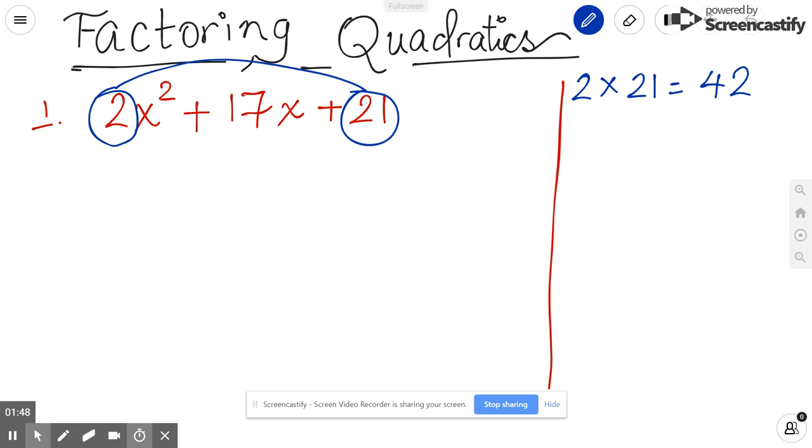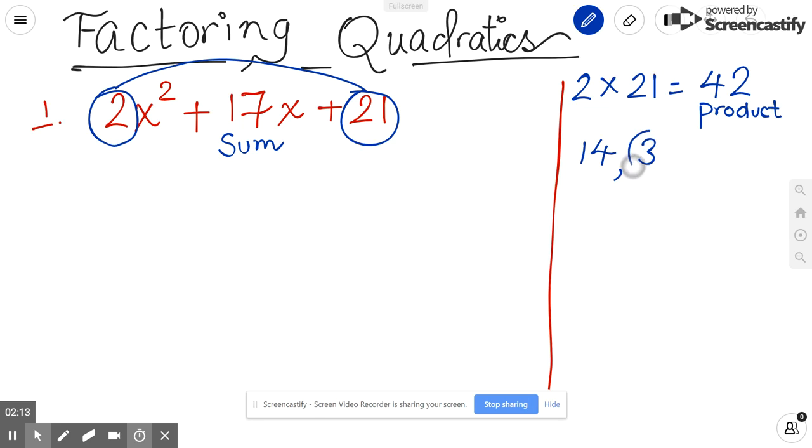Now you need to think of two numbers whose sum is going to be 17, but whose product is 42. Correct? So what we do is basically we think of two numbers or do some calculations here. And after some time, you can come up with numbers as 14 and 3.